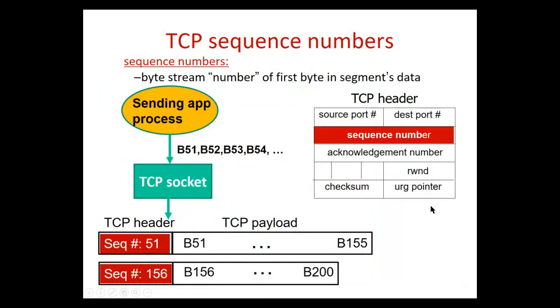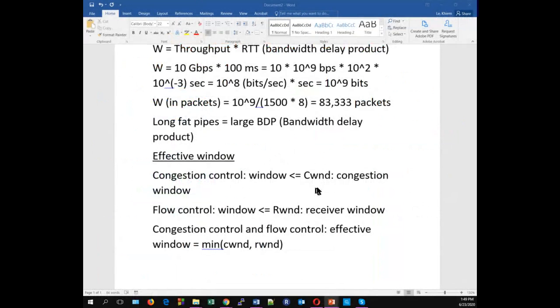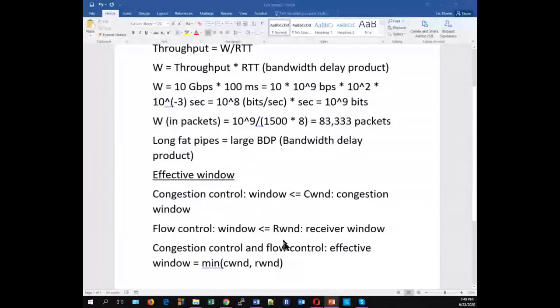And that can help in the case where we have long fat pipes because, remember, we need a large window, and the window is the min of these two. If this one is constrained to be 64K, then the window cannot be greater than 64K. But with a window scaling option, you can have values greater than 64K. Any question here?